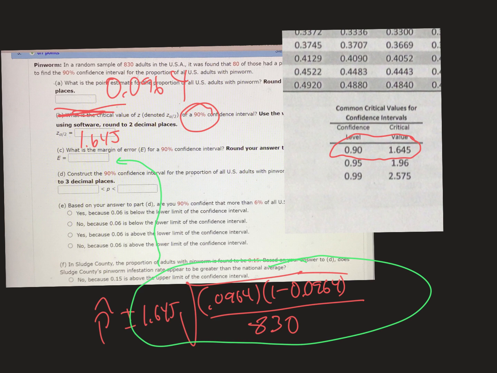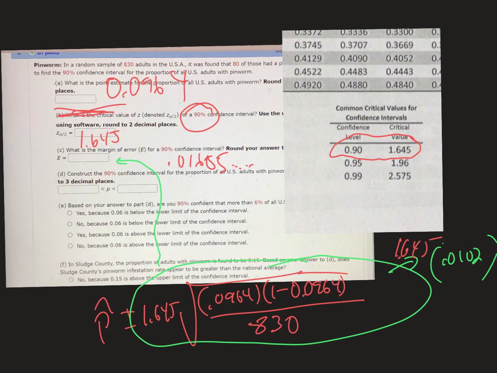When it's all said and done, that whole thing underneath the square root becomes 0.01024, and so on. Now we're going to multiply that by the 1.645. And I'm getting a margin of error of 0.01685, and so on.